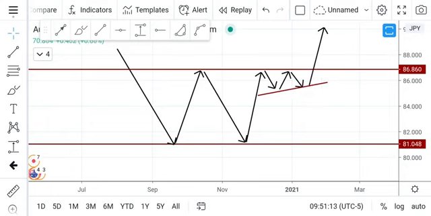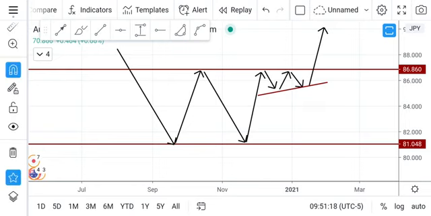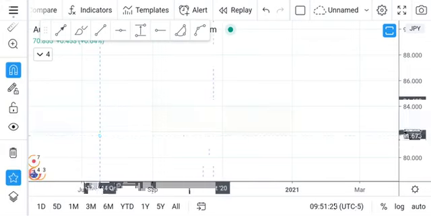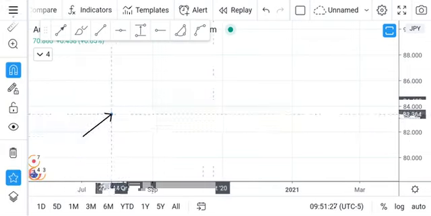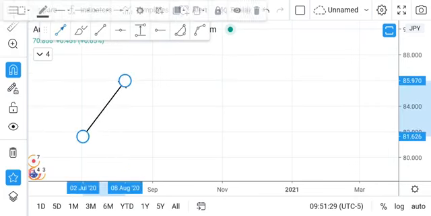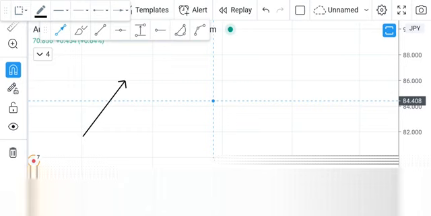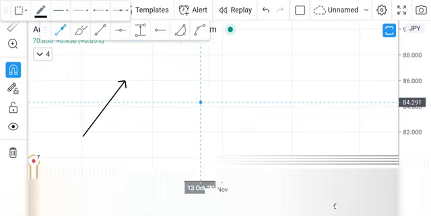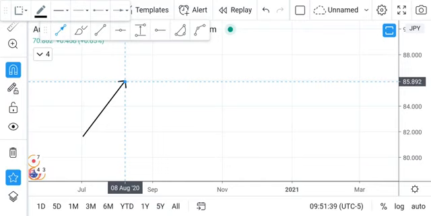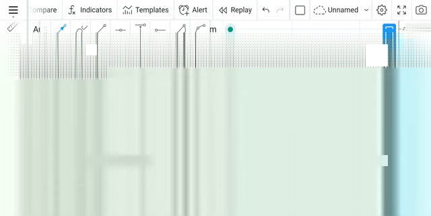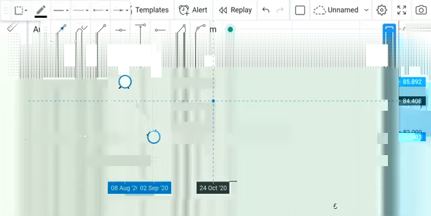So the next chart pattern I'm going to talk about is the head and shoulders chart pattern. For the head and shoulders chart pattern, you have something like this. You have price make a high. So it's a bearish chart pattern, just like the double top chart pattern. Buyers are going to push it up and sellers push it back down to the level.